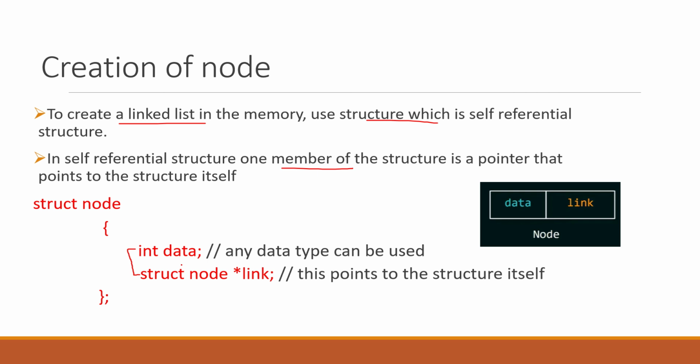We can add more as per our requirement and mention data types, like if we want to store the name of a person or CNIC or a phone number, then we have to mention the data type according to our problem. Here we have only one data, that is integer type int data, and this is a self-referential data member that points to the structure itself, and this is a node link.